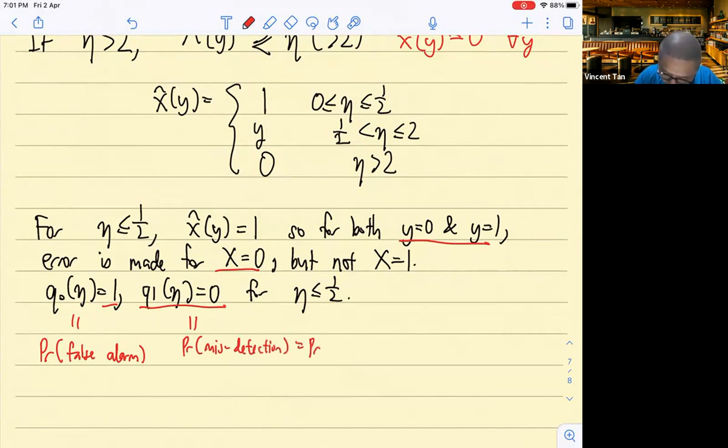Q1 is the probability that the underlying hypothesis is x equal to 1 but we make an error. But we never make an error when x is equal to 1 because we always declare 1.